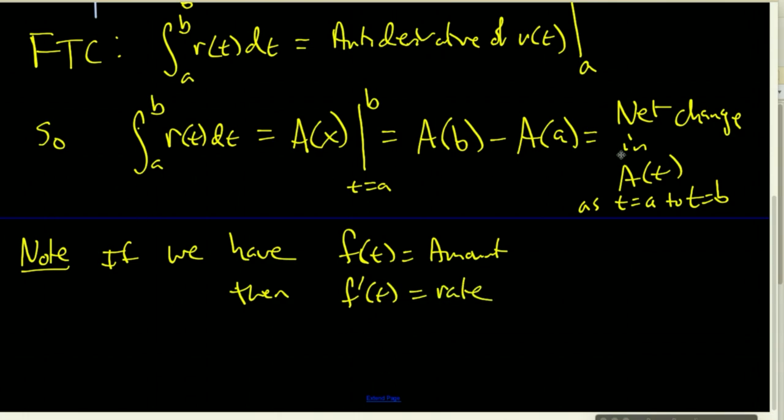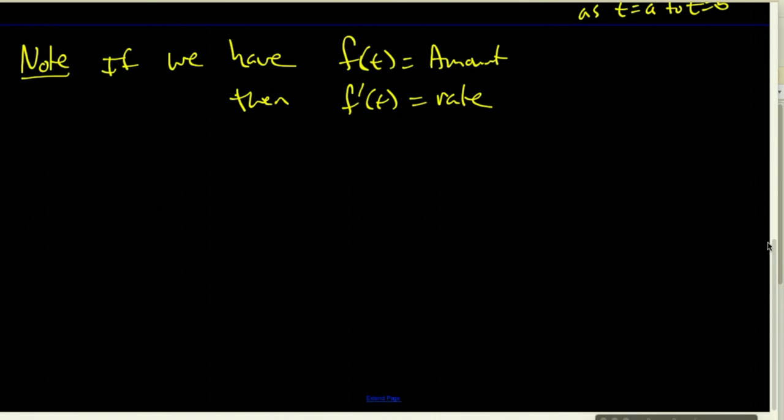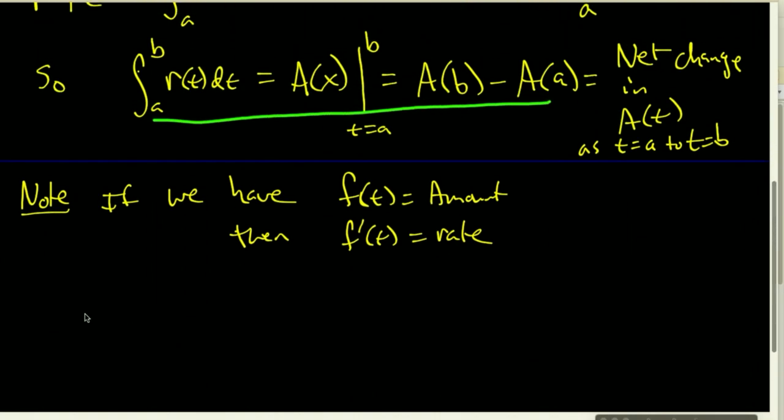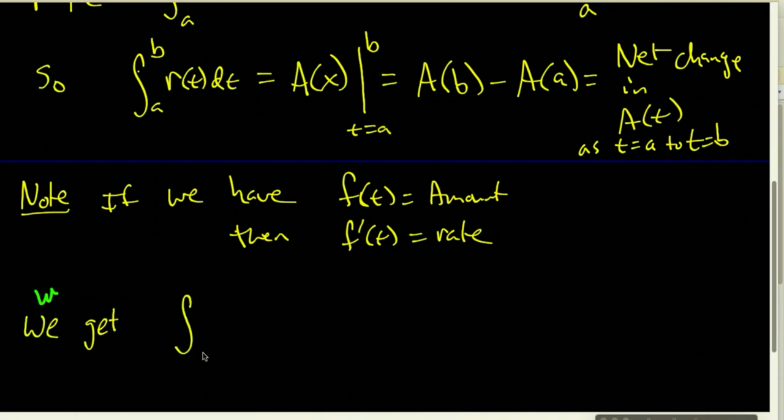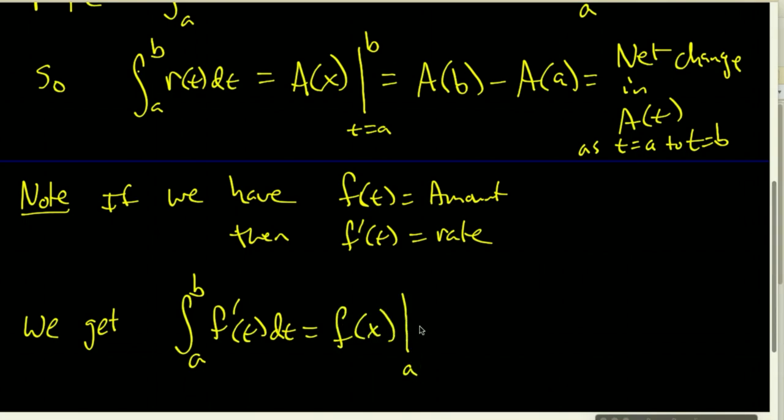And when we write this particular statement with these new function names, we get the definite integral from a to b of the rate function equals the amount function going between a and b, and that also should be a t.